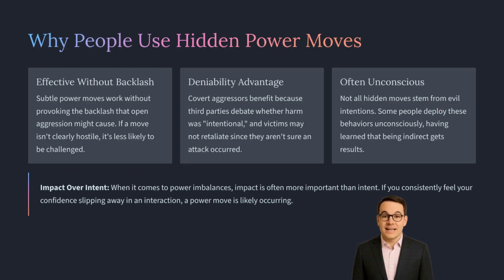Indirect tactics are less likely to trigger retaliation. In fact, covert aggressors often benefit because third parties can debate whether any harm was intentional, and victims may not retaliate since they aren't even sure an attack occurred. In short, being sneaky gives the aggressor an advantage of deniability. They can always say, "Oh, I didn't mean anything by it," while still achieving the desired power boost.